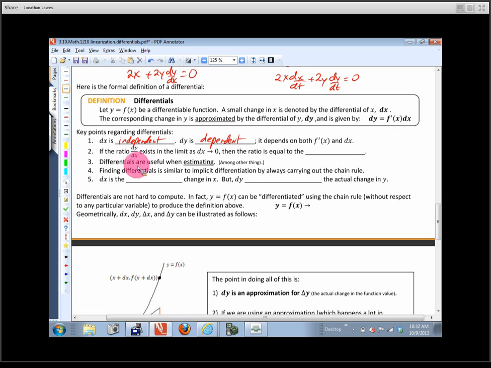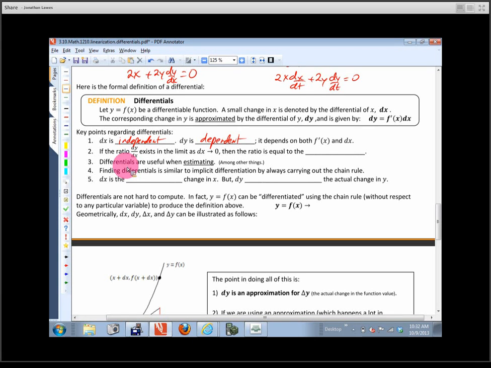This is something we've talked about before, but now we're ready to deal with it a bit more formally. If you think of dy over dx as a fraction, those really aren't two separate quantities, they're tied. If we think of them as differentials, dy is the difference in y and dx is the difference in x, and if we can find a limit as dx approaches 0, as that denominator gets smaller and smaller, geometrically the difference in the x coordinates gets smaller and smaller.